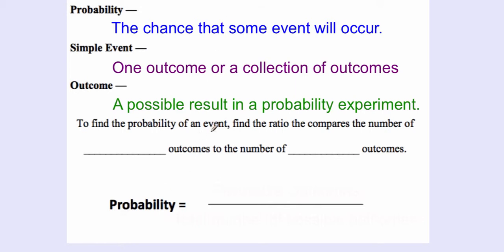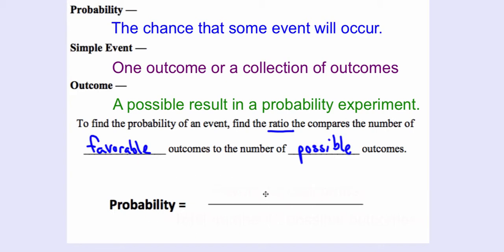To find the probability of an event, we want to find the ratio that compares the number of favorable outcomes to the number of possible outcomes. What that means is, how many ways can I get what I want over what are the total number of possibilities I could get?